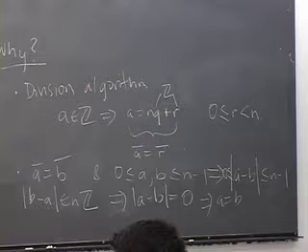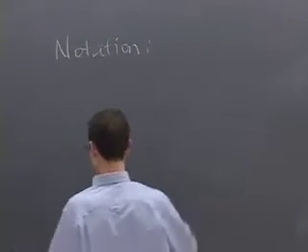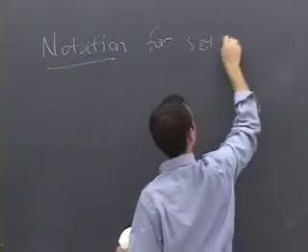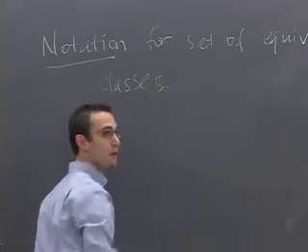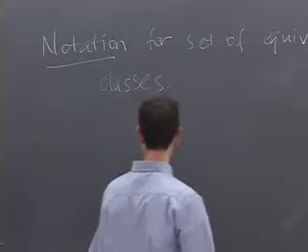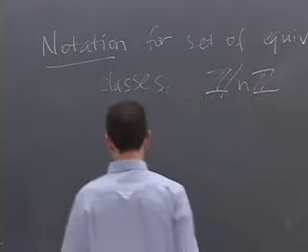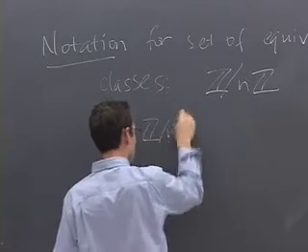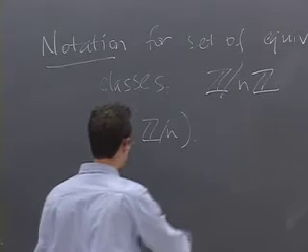So the usual notation is Z mod nZ for the set of equivalence classes, or sometimes just shortened to Z mod n, or sometimes brackets are put around the n. These are all synonymous.